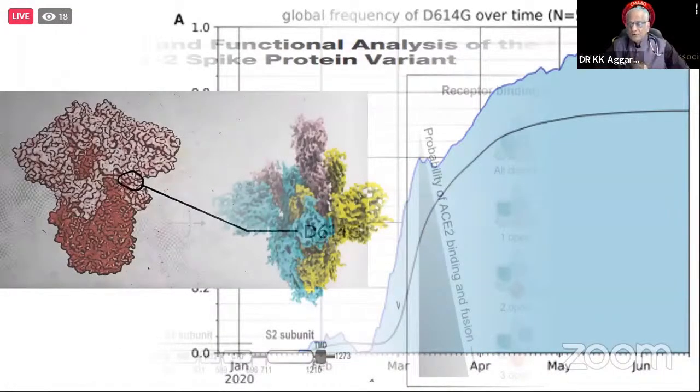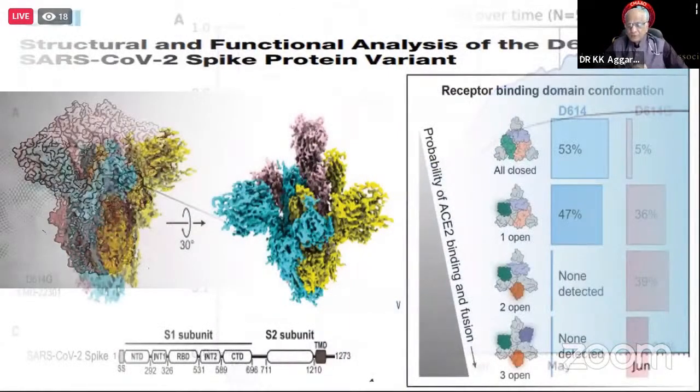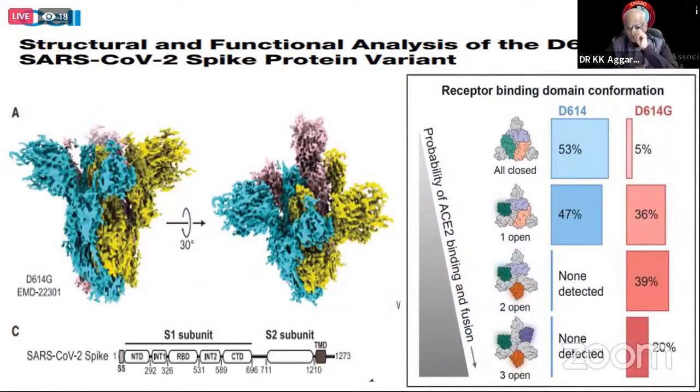And this is what I want to show, that in the D614G mutation, all are closed. And as you say, with all open, the probability of ACE2 binding and fusion increases. Over a period of time, when there was a change from 614D to 614G, the mutation causes making it 1 open and 2 open.